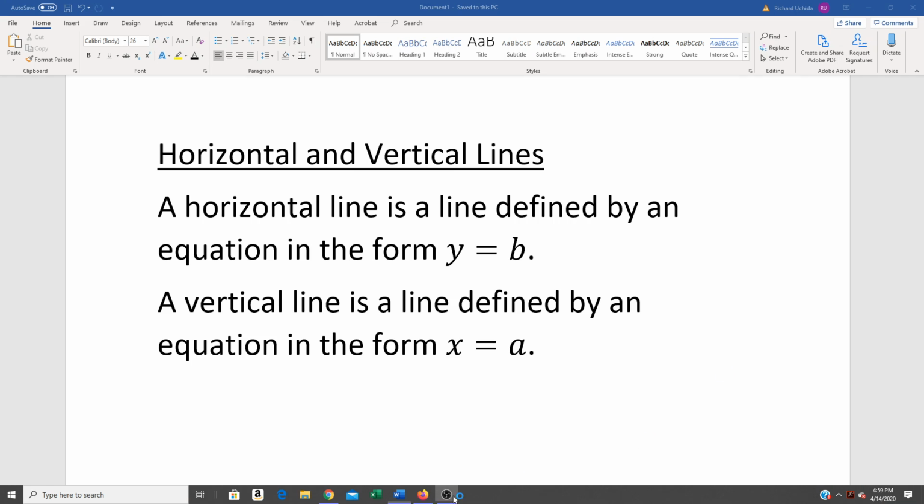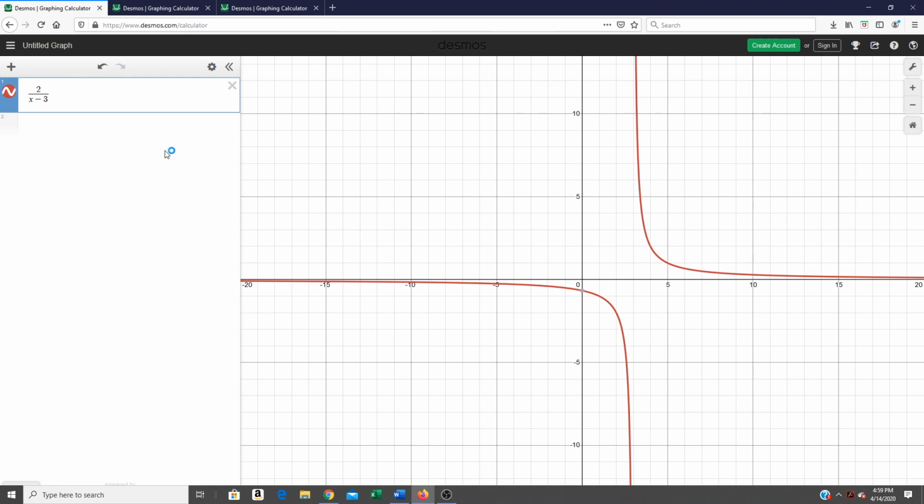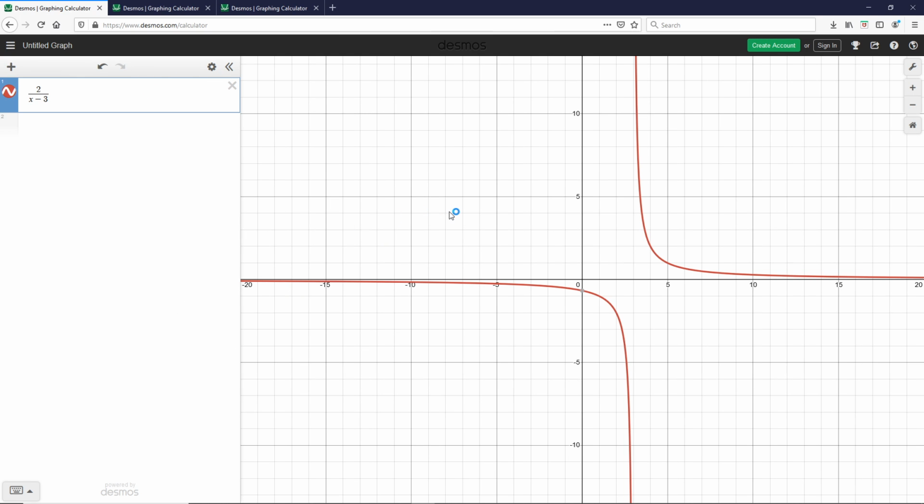So let's look at the graphs, and let me do it in a way so you can see how it relates to the graphs of the rational functions. Okay, so let's look at this one, and we have here the rational function f of x equals 2 over x minus 3.